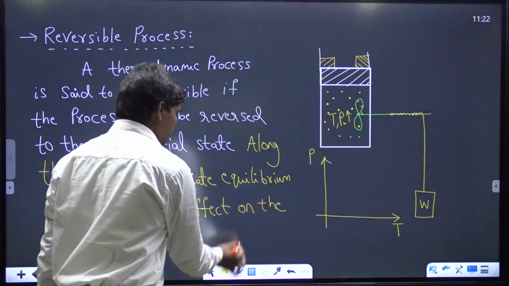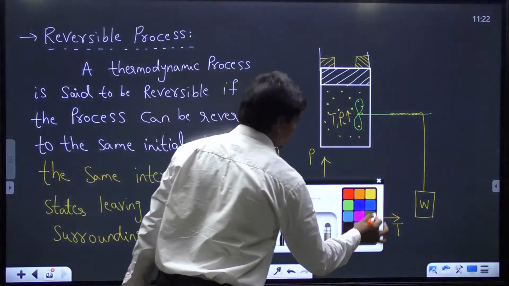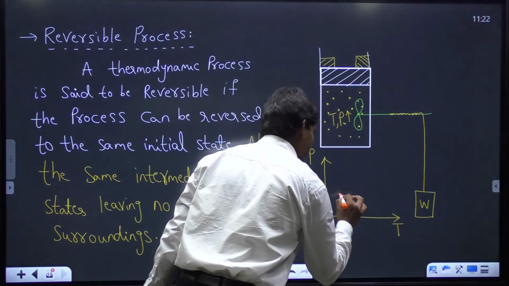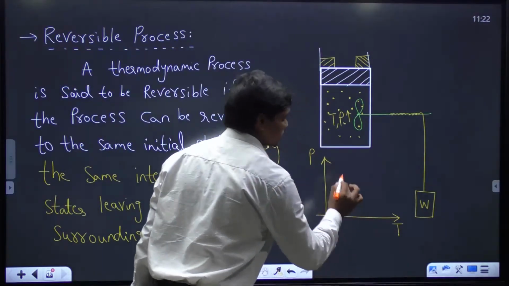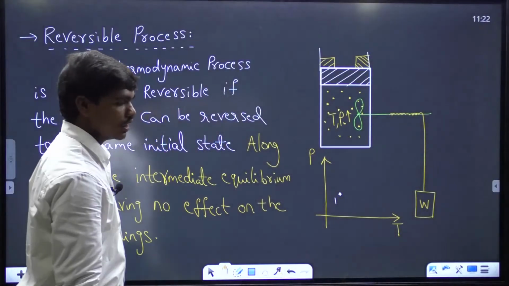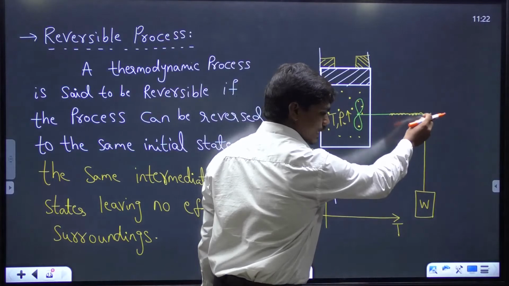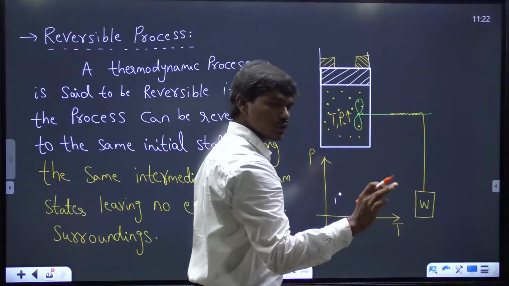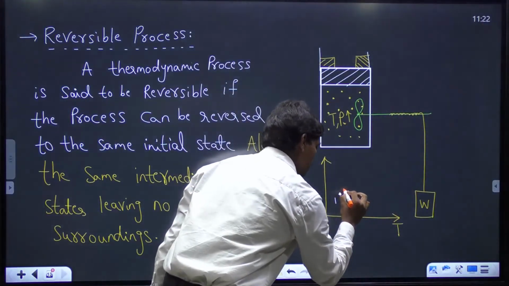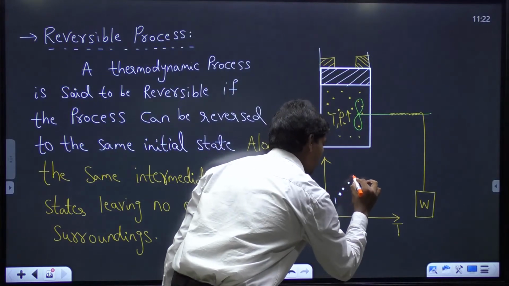Now, let us suppose this is the first initial point of pressure and temperature inside this. Now, whenever this wheel is rotating slowly, of course, infinitesimally slowly, let us suppose this is passing through all these equilibrium states.